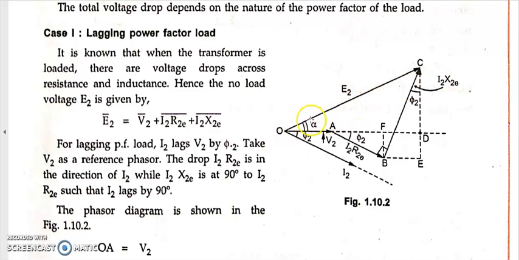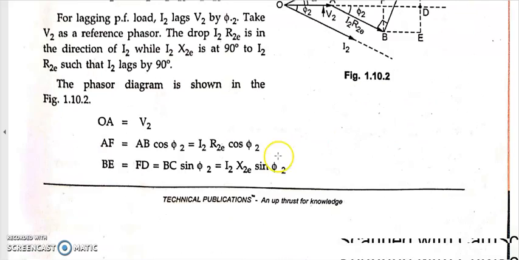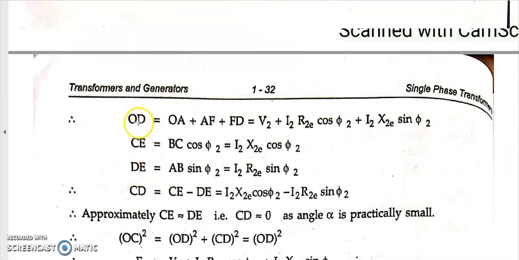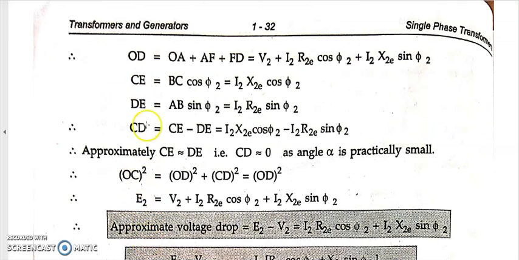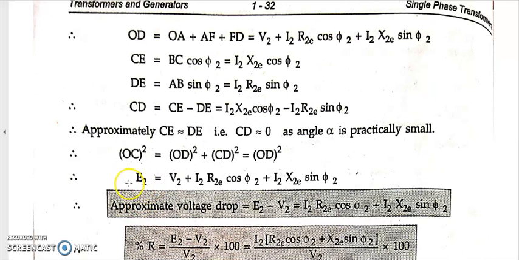So I can replace OD by OC, and OC by E2. This is the same formula: E2 is equal to V2 plus I2 R2 cos phi 2 plus I2 X2 sin phi 2. So this is the EMF induced in the secondary side.